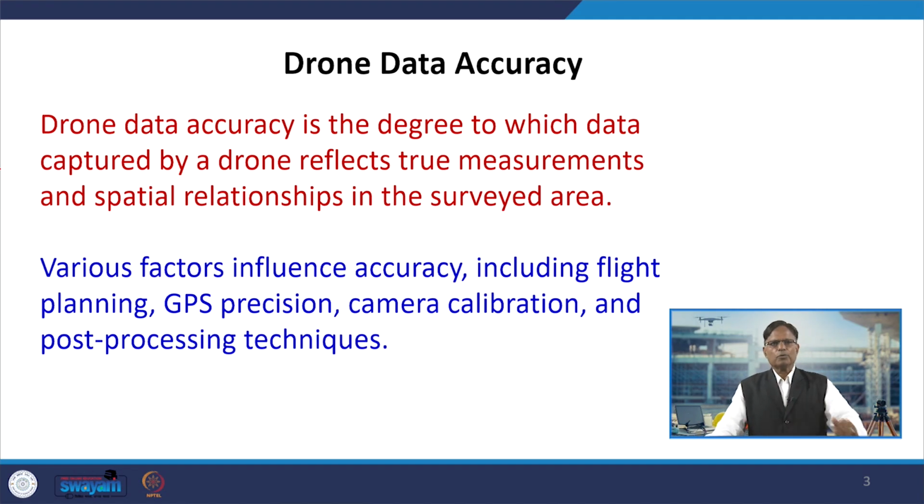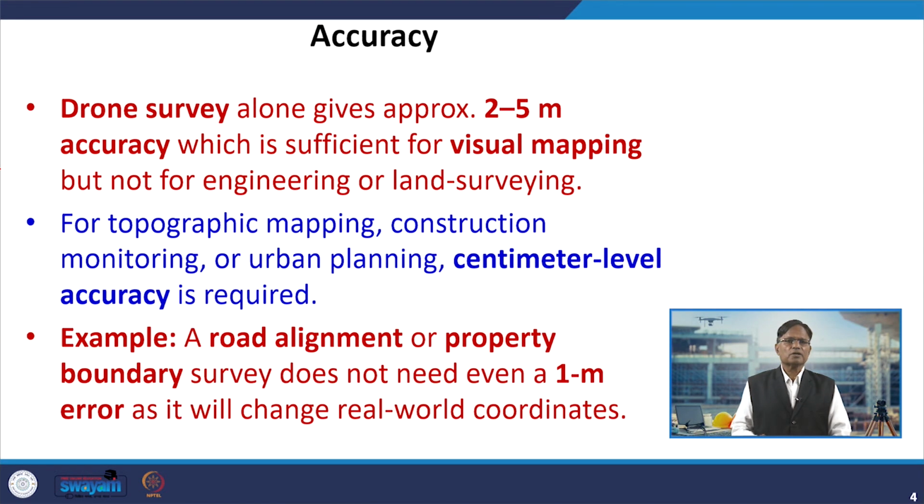Flight planning could be one. The precision of the GPS or GNSS device which we are using. Camera calibration in case of photogrammetric, and post processing techniques, the kind of technique or software which we are using to process the data. These are some of the factors on which the accuracy will depend.